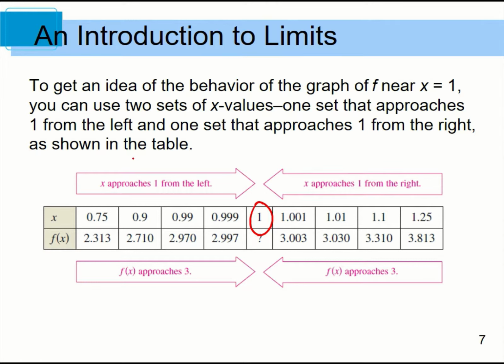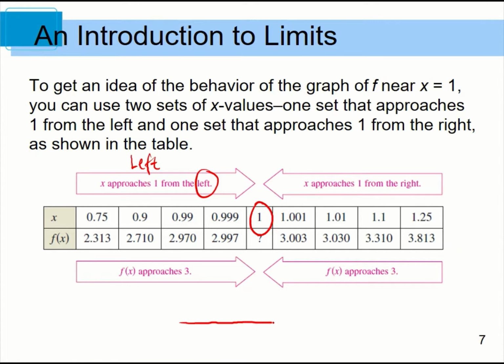We consider the left-hand side first, when x approaches 1 from the left, so we increase the value. We start from 0.75 maybe, then 0.9, 0.99, and 0.999. So you can see the value of x is getting closer to 1 from the left-hand side.